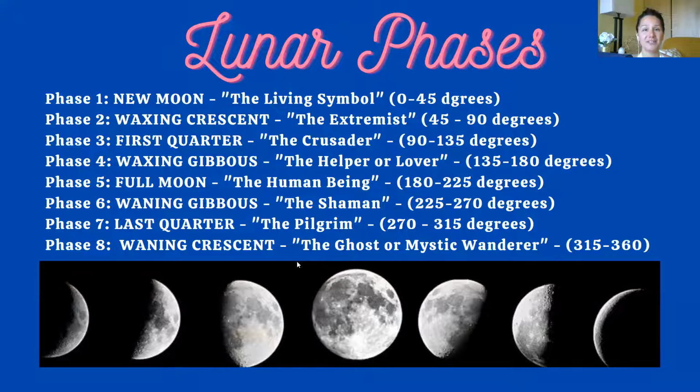I want to teach you how to discover your lunar phase, the phase the moon was in when you were born. You can look this up on the internet, like what phase was I born in? Plug in your birthday just like you do when you're getting your astro chart, and it'll tell you. That's what I did when I first looked it up. But there's a way to actually calculate it.